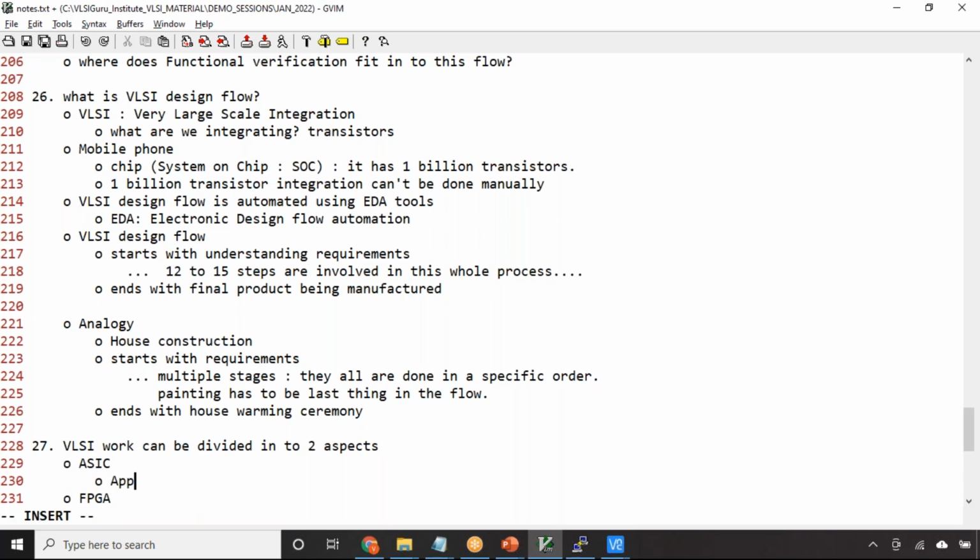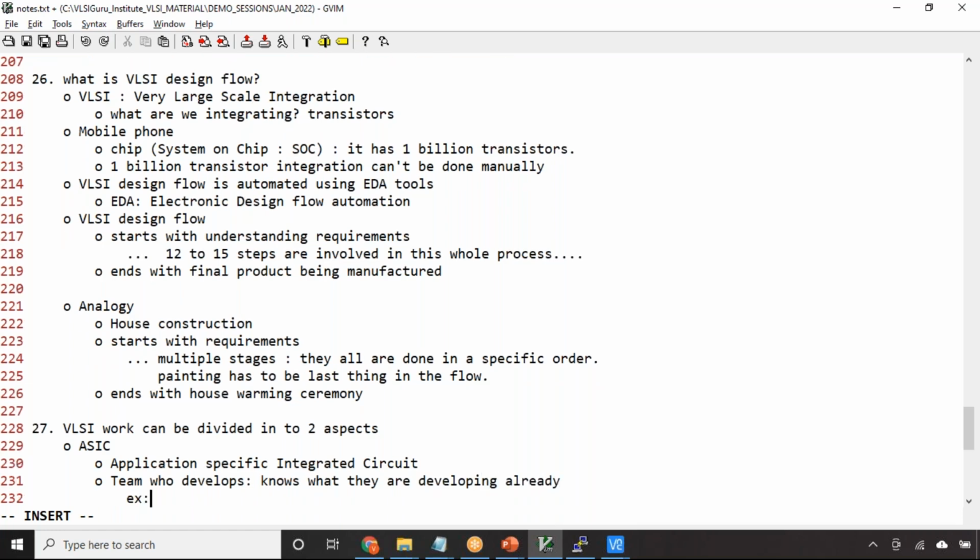ASIC stands for Application Specific Integrated Circuit. What is meant by application specific? The team who develops it knows what they are developing already. For example, I want to develop a mobile phone SoC.